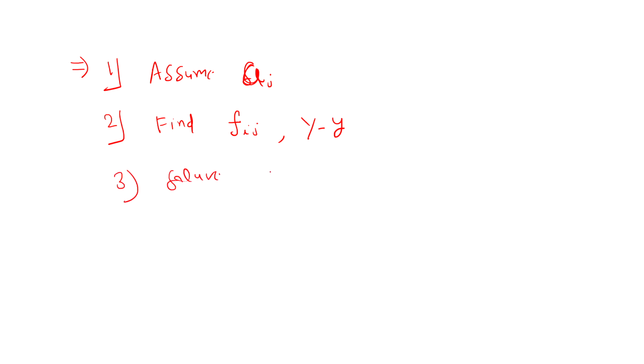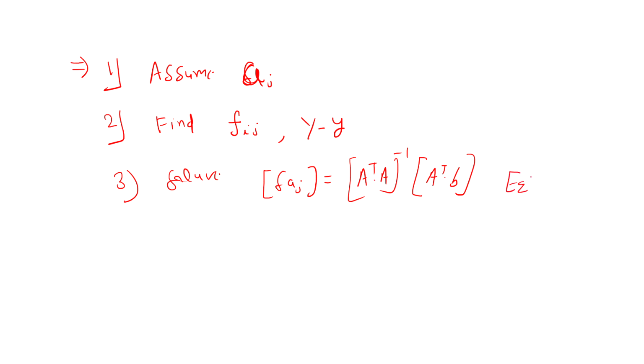Step 3, solve delta Aj is equal to A transpose A inverse A transpose b. That is equation 1. Fourth, check whether delta Aj is going to 0.